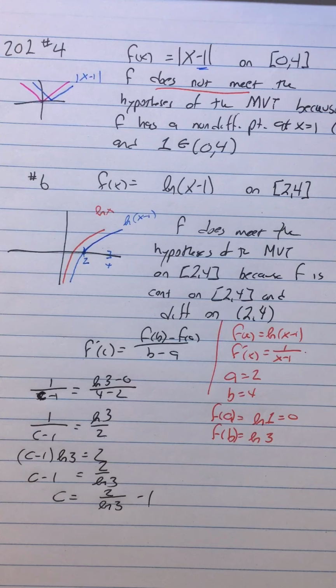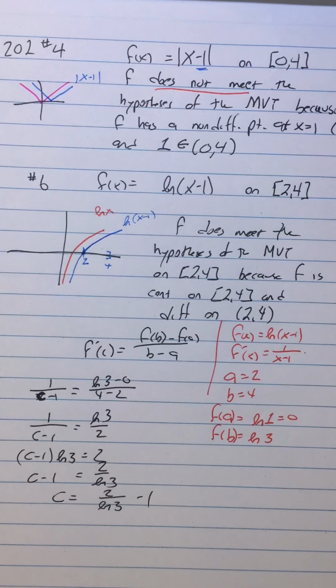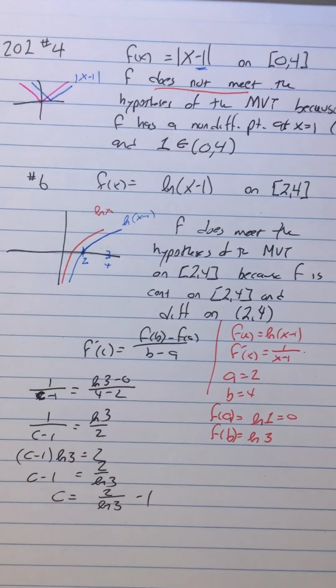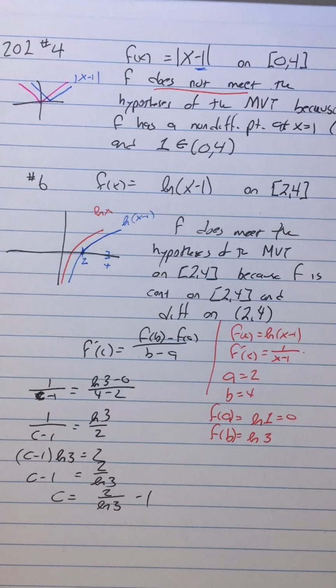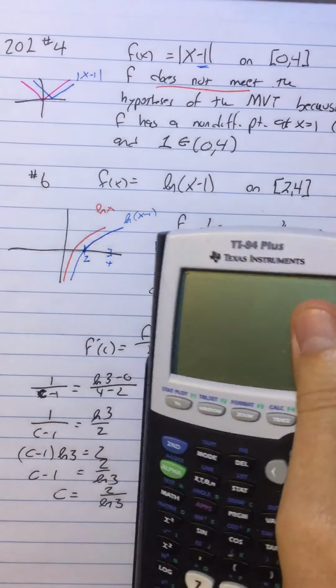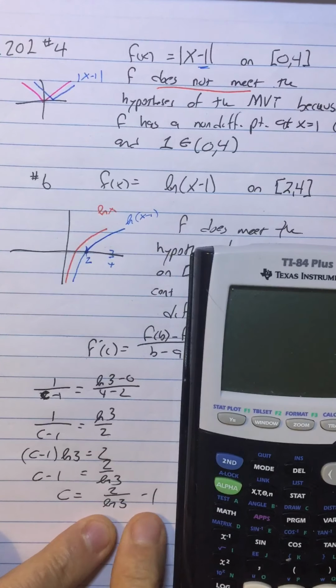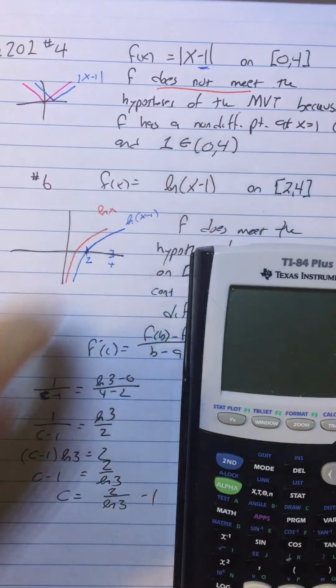Now, I like the answer 2 over ln 3 minus 1, but if you want to get confirmation that the answer makes sense, you find your calculator, which I'm scrambling to do in a moment. I know, here we go. It was where I thought it was, but it's lying down sideways. Let's just verify that 2 over ln 3 minus 1 is actually in that interval.